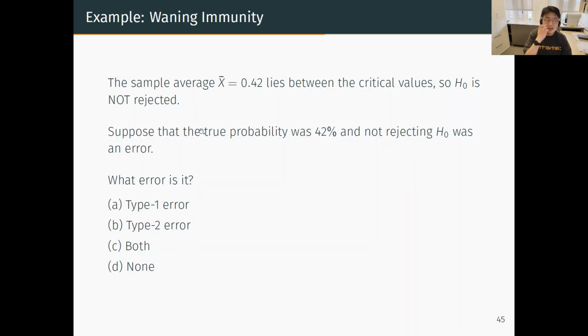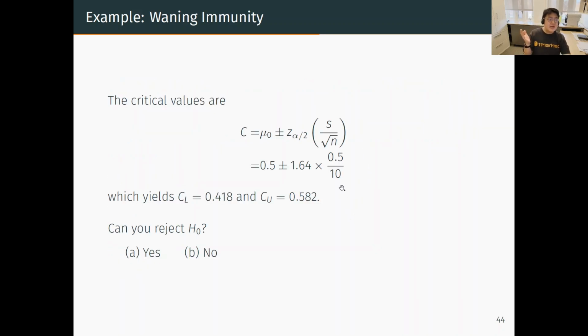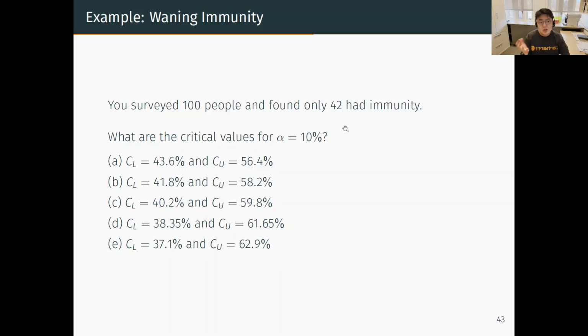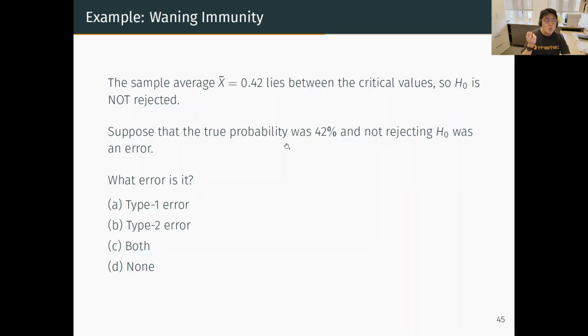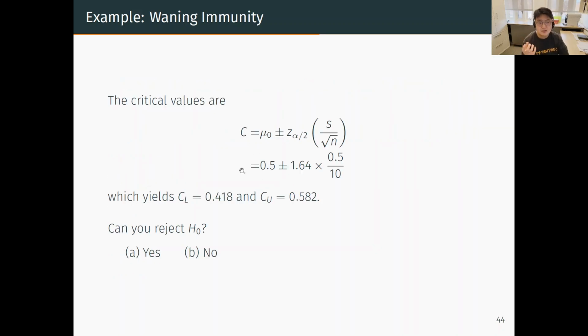For example, as I said here, suppose that the true probability is 42%. So your data is actually very correct. There is no random error at all. But unfortunately, the truth is within the margin, within the critical values.